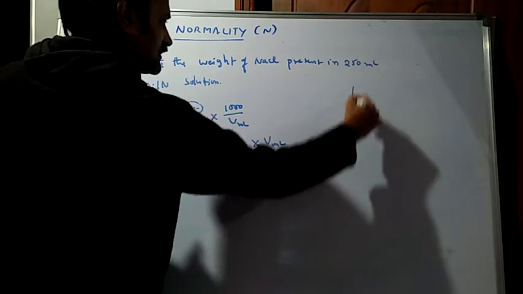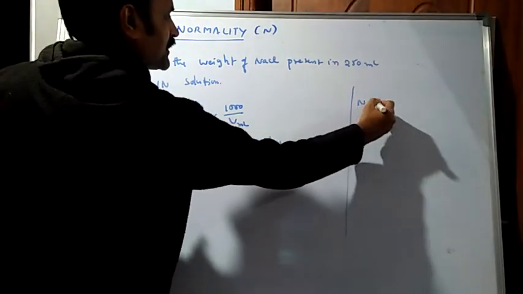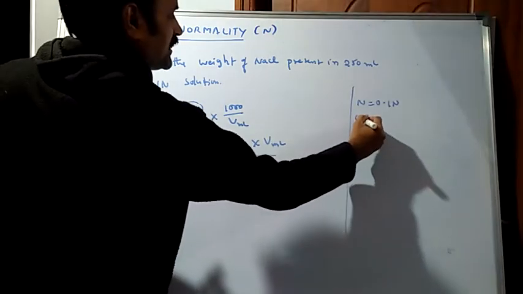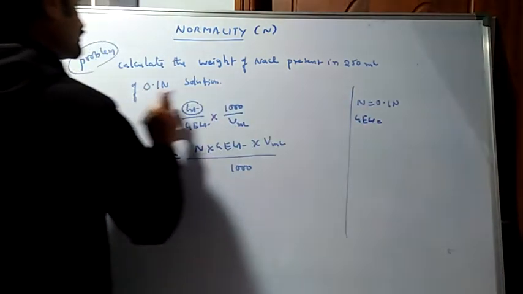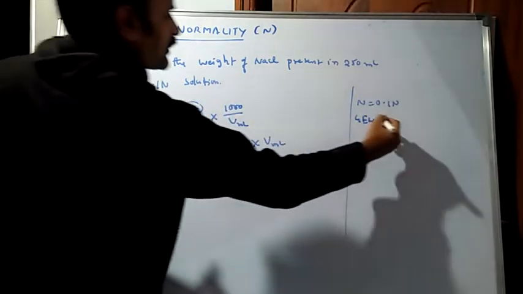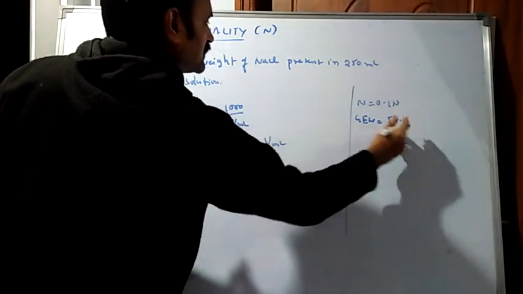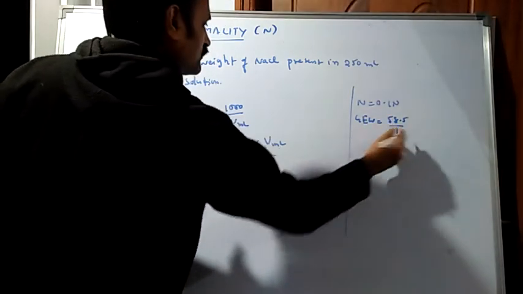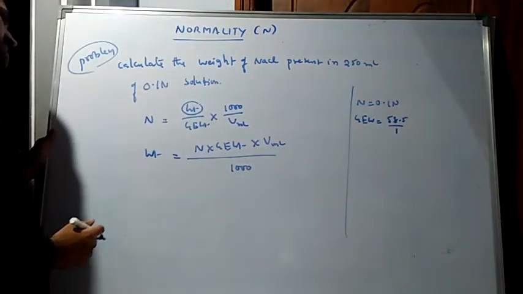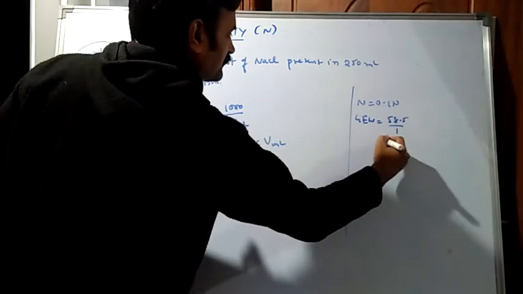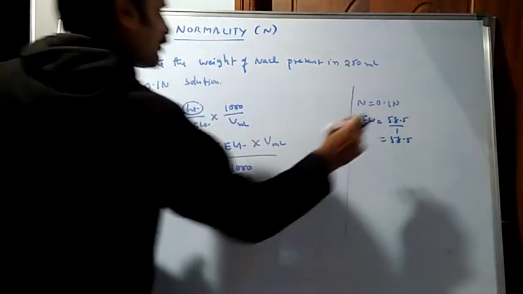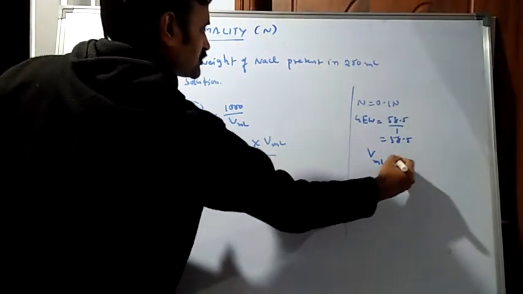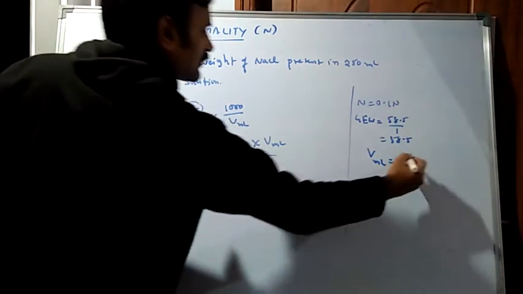So, list out some values given in the question. Normality already given is 0.1. GEW for NaCl: sodium chloride's total molecular weight of 58.5 is itself the GEW also. Why? Because its n factor is 1. So 58.5 is the gram equivalent weight of NaCl. Volume of the solution given is 250 ml.